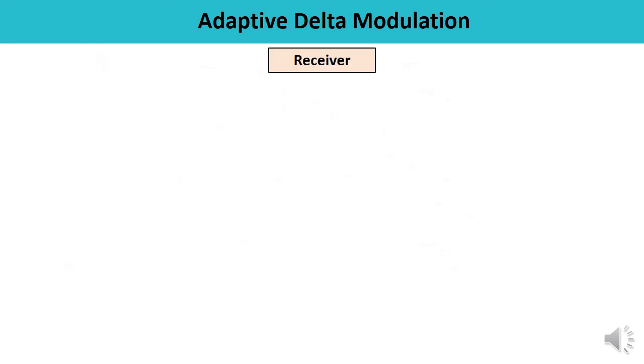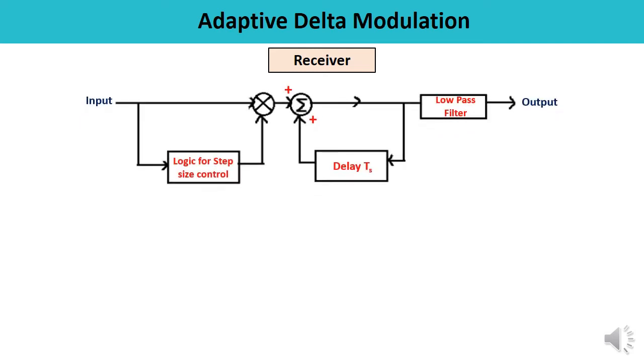Now let us draw and discuss the receiver portion. So in the receiver portion of the adaptive delta modulation, you can observe in this particular diagram. Overall it can be understood in 2 portions. This particular portion which is after this dotted line, that is actually the accumulator section, right? This is the accumulator. So overall there are 2 portions.